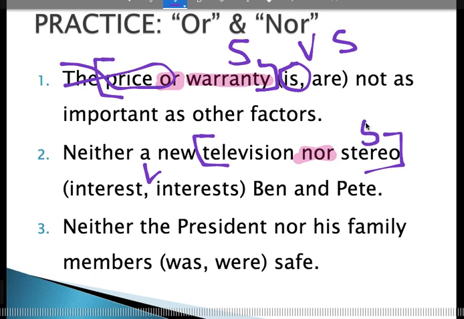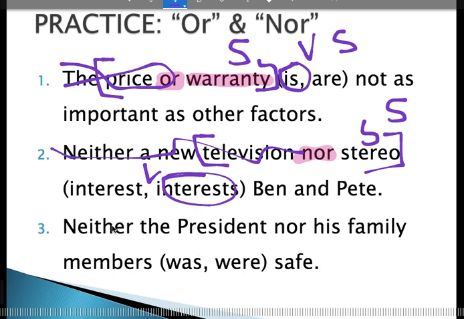Is stereo singular or plural? It is singular. We need the verb that is therefore singular. Interests. So what is interesting, Ben and Pete? The television or the stereo? We're only looking at the word stereo because it is closest to the verb. Stereo is singular. We need the singular verb with an S, interests. And we totally ignored this first part.